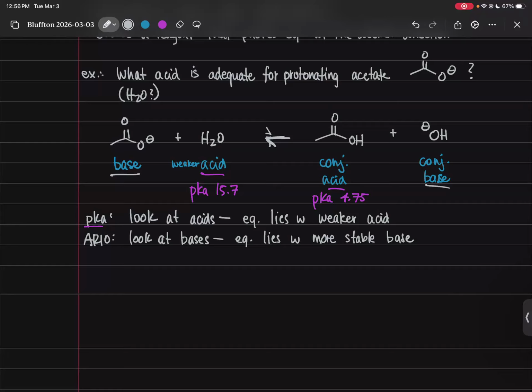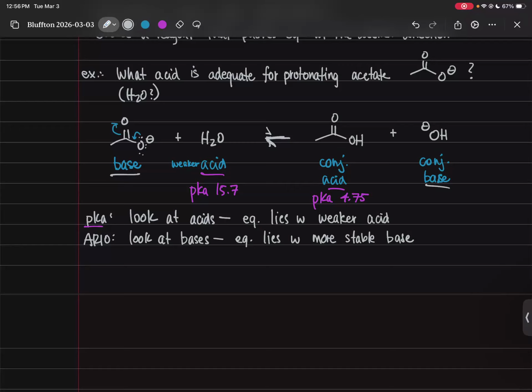But let's do the ARIO method just to make sure. We'll look at the bases instead and find the more stable conjugate base. Atom, resonance, induction, orbital. Atom: the negative charge on the bases is on an oxygen in both cases, so we can't use atom. Resonance: we can draw a resonance structure of the acetate ion.